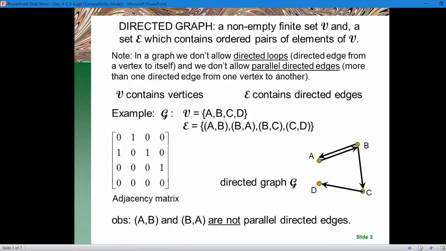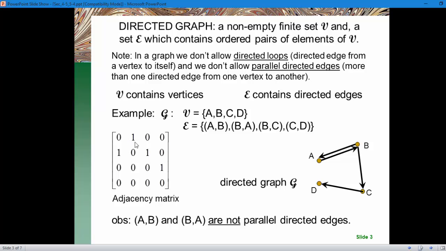And here's the adjacency matrix. Notice that the adjacency matrix of a directed graph is not necessarily symmetric. If you look here, each row represents a vertex. Each column also represents a vertex.